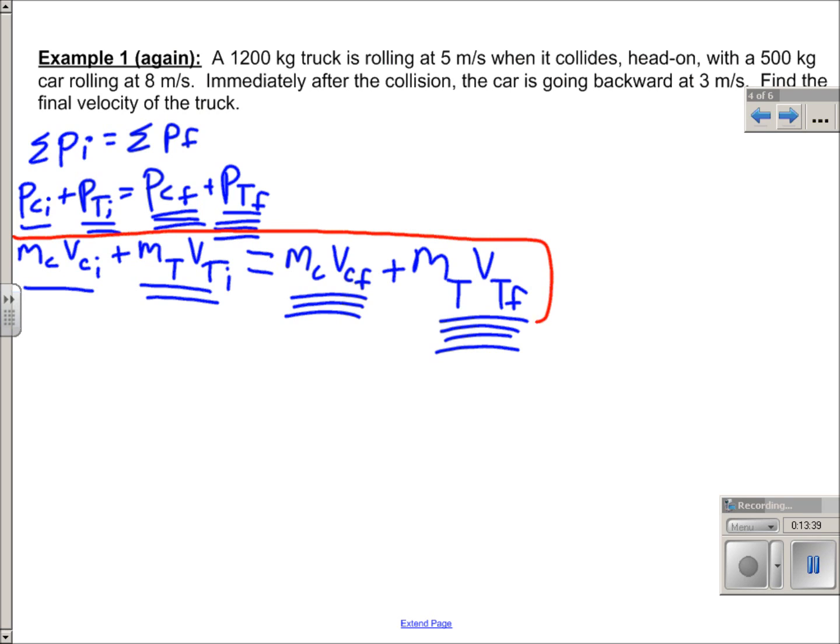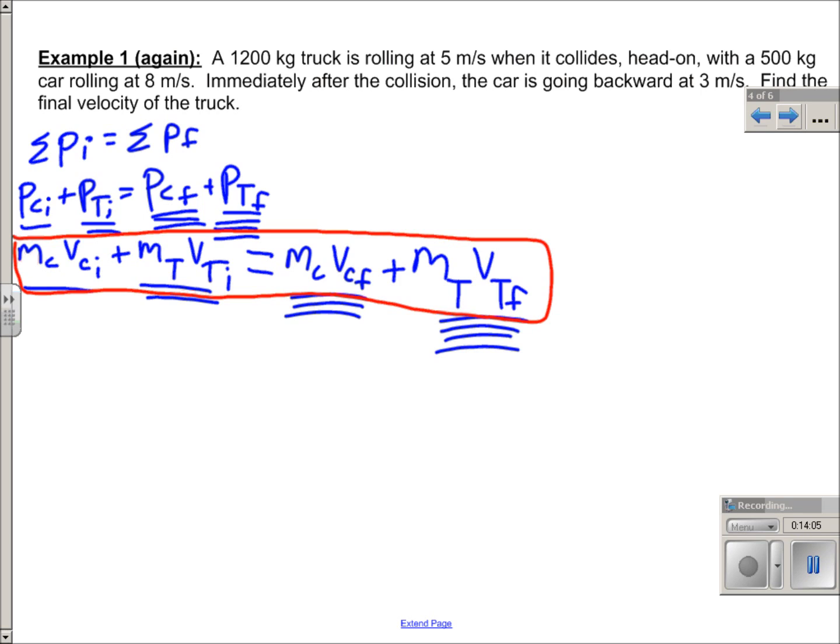Some of you are looking at this and going, whoa, what just happened there, right? But the nice thing is this equation can be used to solve any of the problems. Anytime you've got two objects interacting with each other, colliding or exploding from each other, you can use this equation. Now, it might not be a car and a truck. It might be an apple and an orange, or a penguin and a cow, or well, whatever your two objects are. But this equation is basically how we're going to solve this.